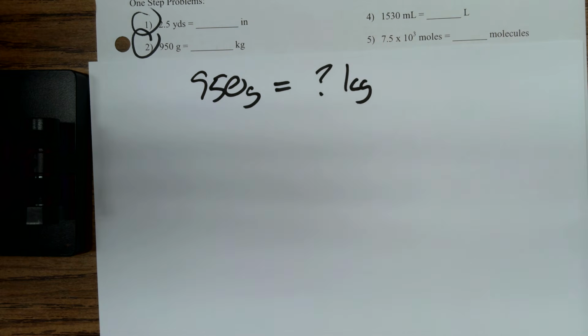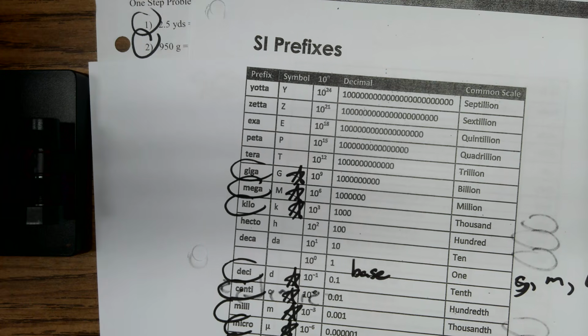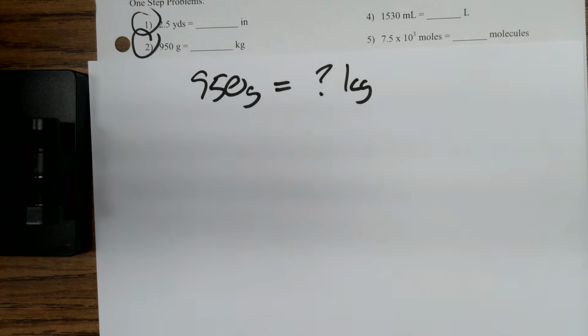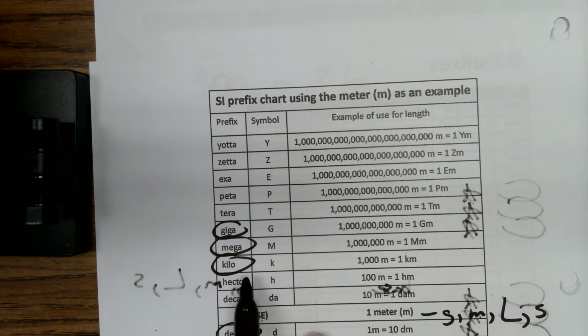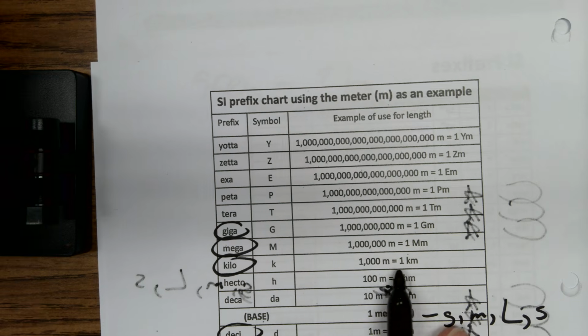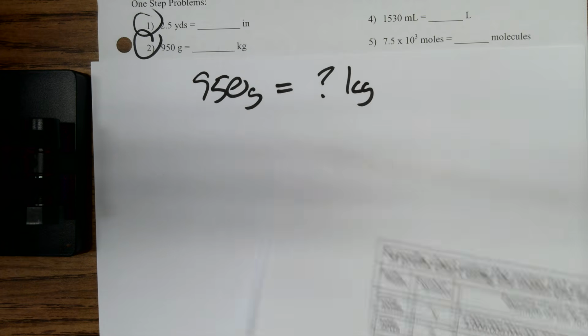Now, in order to figure this out, because I know we just got these sheets, I can't expect you to memorize something I literally just gave you. So make sure that when you're doing these questions tonight, that you're doing it with your SI prefixes chart. If I leave it over here, it gives me the equality. So I find I want kilo. I find kilo here. I see there's 1,000 bases for 1 kilobase.